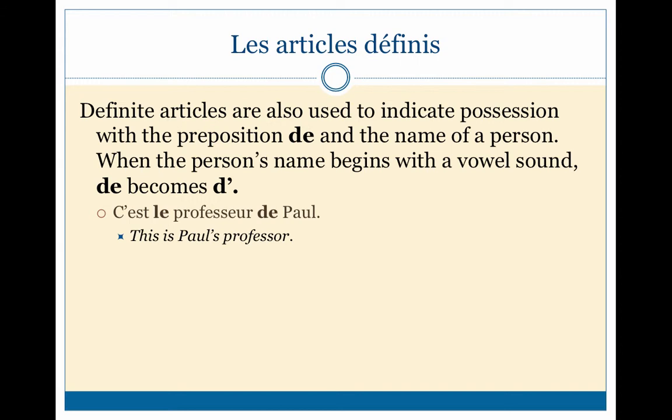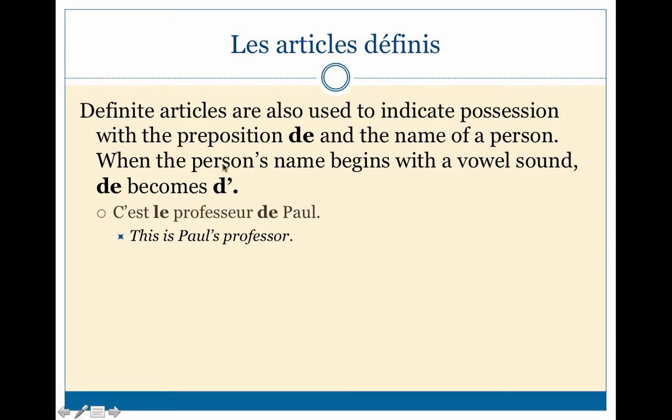Because if it's specific enough, then we can use the definite article and then the preposition de. Be careful not to get this confused with your indefinite articles. Keep those separate, okay? So we may not necessarily be like, oh, that's his professor, but we can say, c'est le professeur de Paul. Literally, that is the professor of Paul.